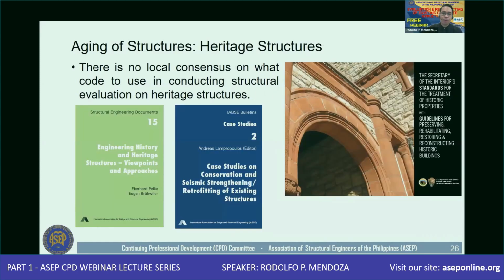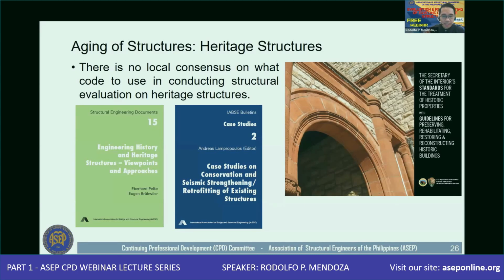Now, how about for heritage structures? In heritage structures, there is also no local consensus or even an international consensus on what standard to use in doing this evaluation. But there are references, and one of the best references that I can recommend is what we call the Secretary of the Interior's Standards for the Treatment of Historic Properties.